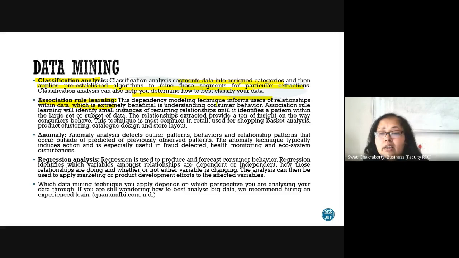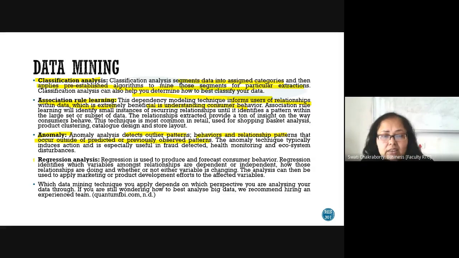Association rule learning informs users of relationships within data, which is very beneficial in understanding consumer behavior. Anomaly detects outlier performance. Outliers are the behavior and relationship patterns that occur outside of predicted or previously observed patterns. So it's outside your normal behavior.